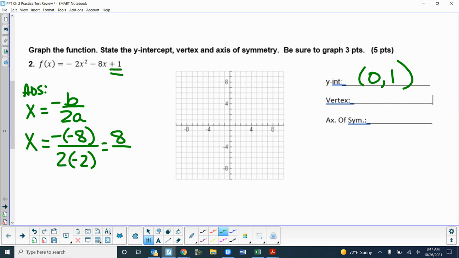The 1 negative in the bottom makes it negative 4. So my axis of symmetry is x equals negative 2. Questions on that part? I have to graph it. So I'm going to draw in my axis of symmetry.